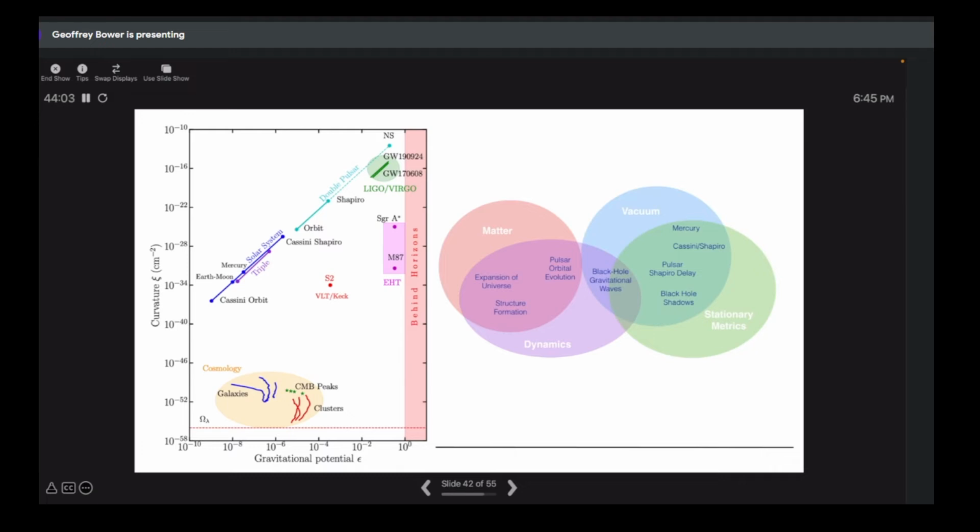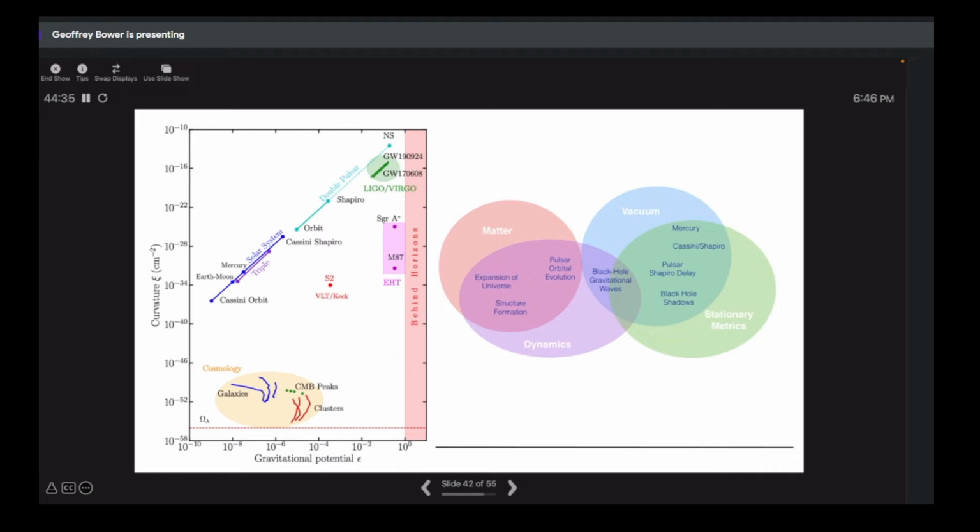And so stellar black hole and neutron star mergers, as measured by LIGO and Virgo, are up here in this corner. We have solar system tests here, very low potential, and comparable curvature to supermassive black holes. We have cosmological probes that exist at this other extreme.